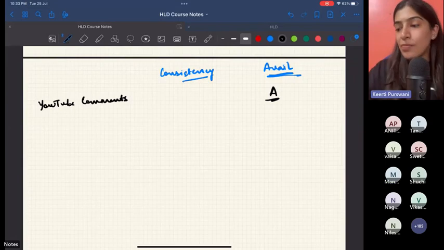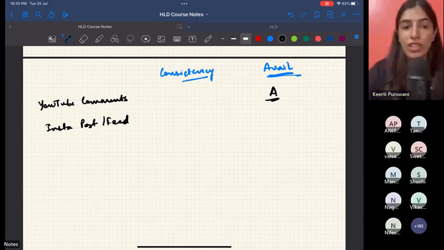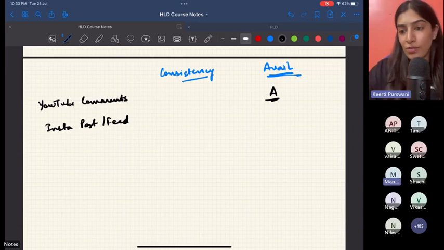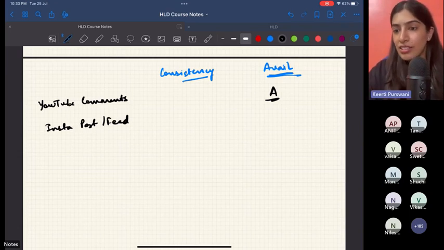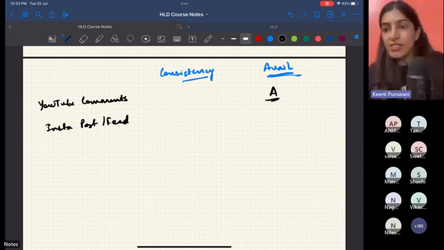Now, let me give you another example. Say Insta post or feed. So I've posted something, and what is more important over here, C or A? Shanawaz is saying consistency. Venkatesh is saying consistency.